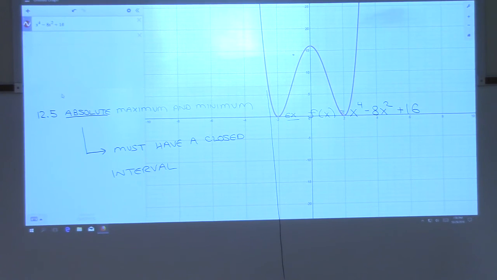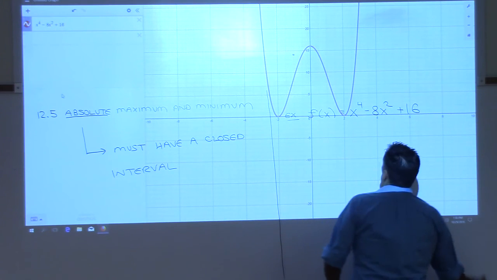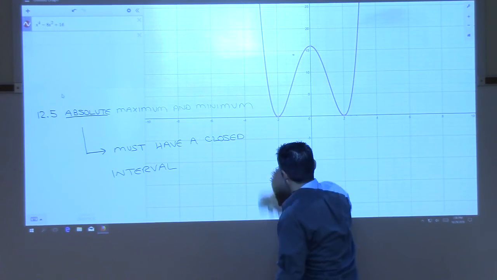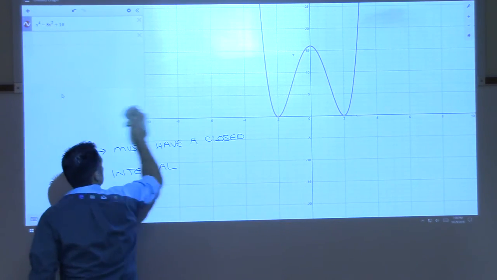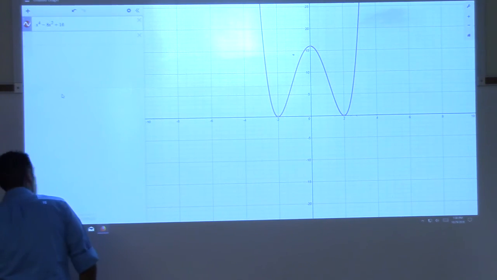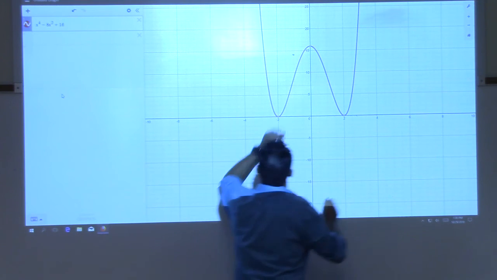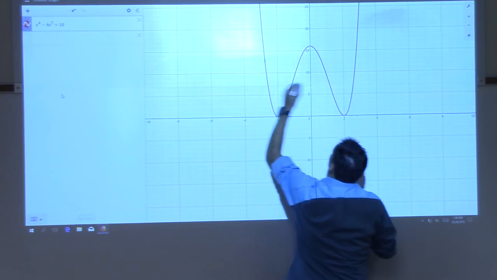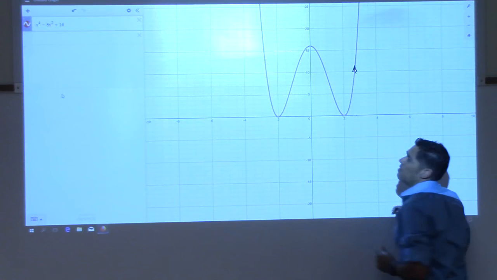All right, so this graph right here, it's implied by the picture, even though you can't really see it, that this just goes up forever and up forever, okay? Do you all see that?